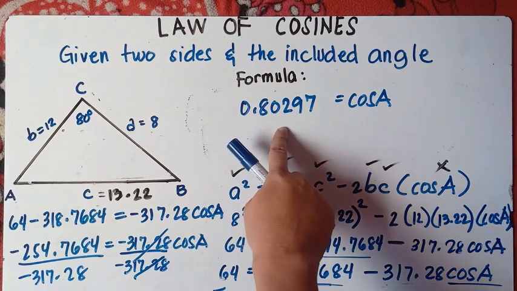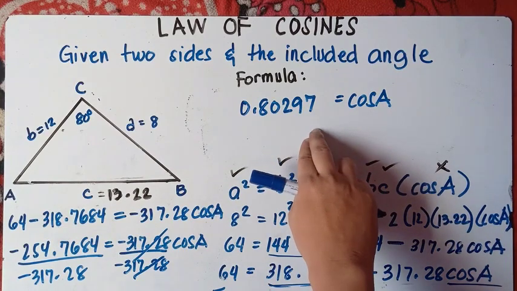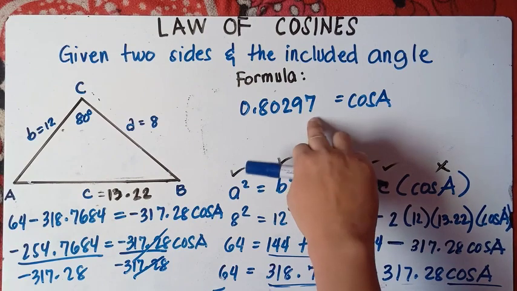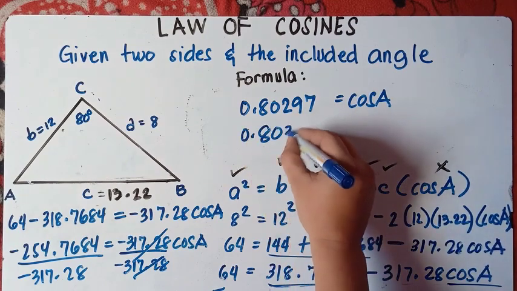You have this answer in your calculator, and we need to have 4 decimal places. So this digit is 7, you need to round it up. So this becomes 0.8030.